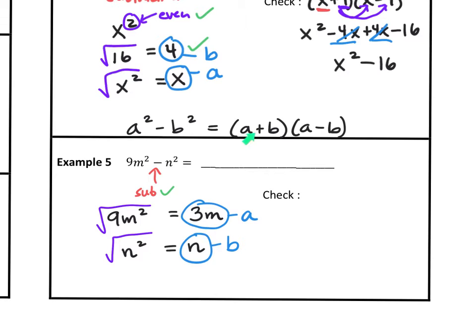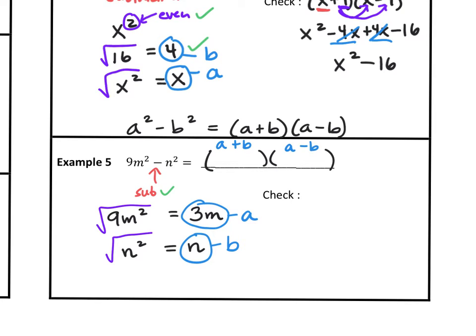And so if I follow this format, I'm going to set up 2 parentheses, and the first parentheses is going to have a plus b. So my a is 3m and my b is n. So I'm going to do 3m plus n. So let me write it up here. We want to do a plus b and a minus b.